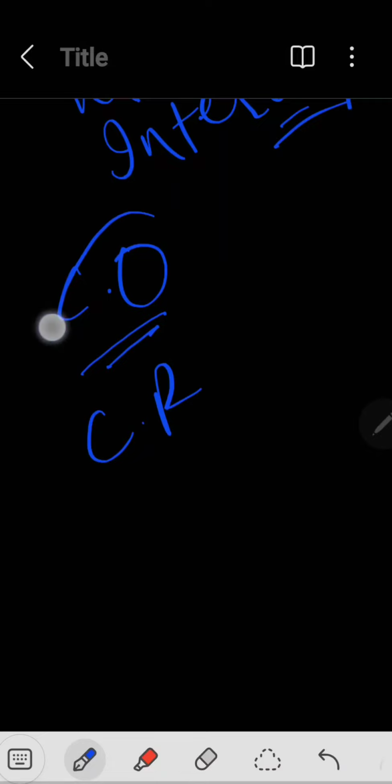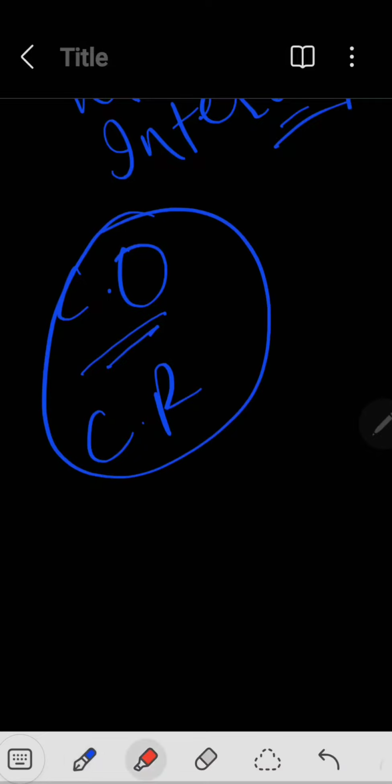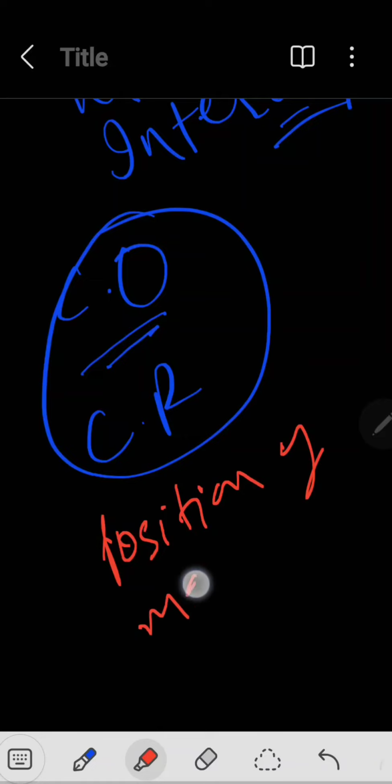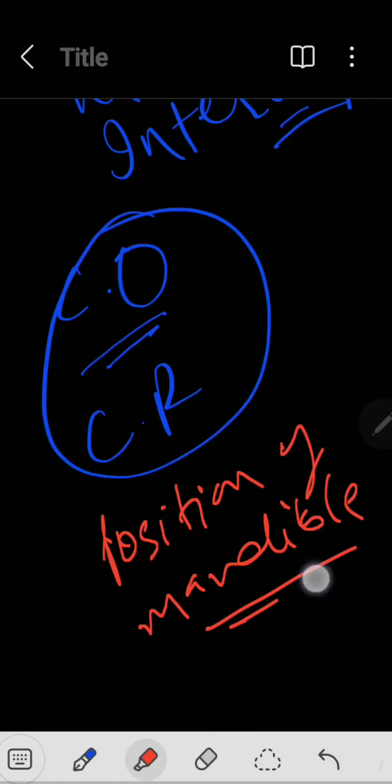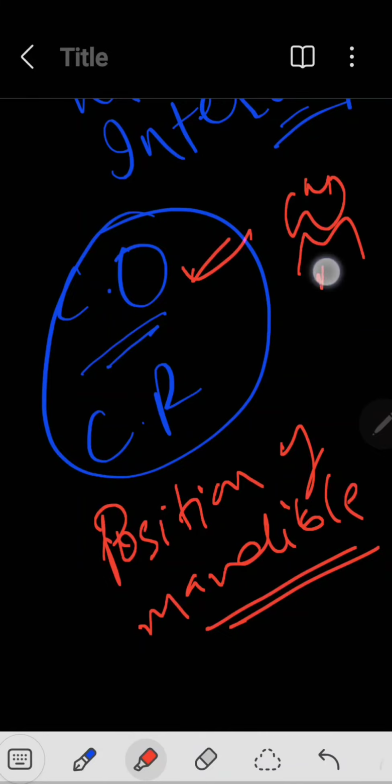So basically, either it's centric occlusion or centric relation, they both describe the position of mandible. In centric occlusion, when the teeth are in maximum intercuspation, maxillary and mandibular, at that time what would be the position of mandible? So that is centric occlusion.